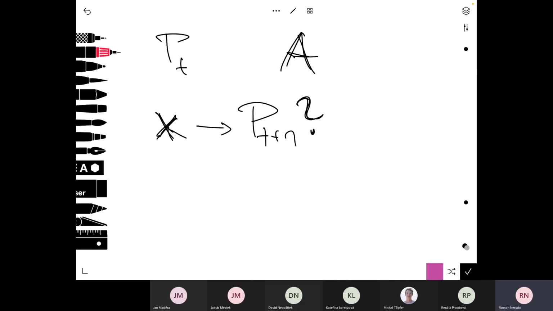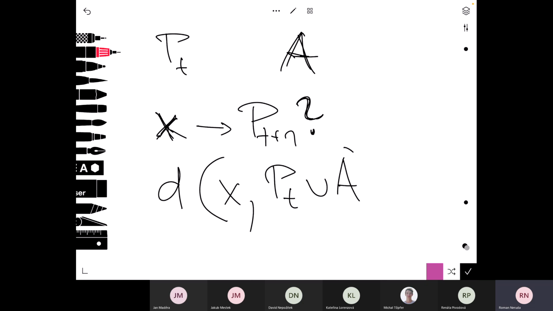And the important thing is that you compute a sort of distance of this guy from the P_t and the archive, and this has to be larger. So we're using the sparsity coefficient, and we're trying to maximize this.